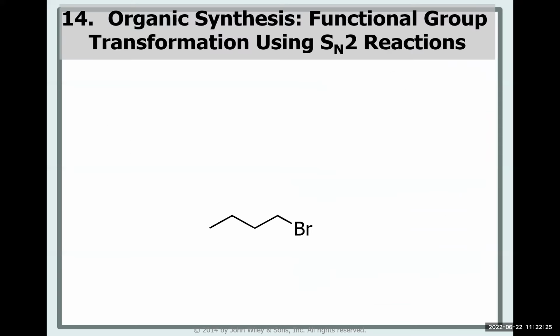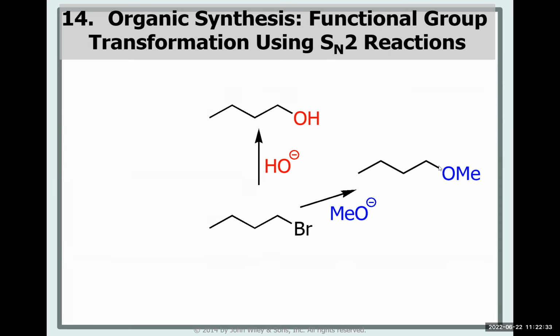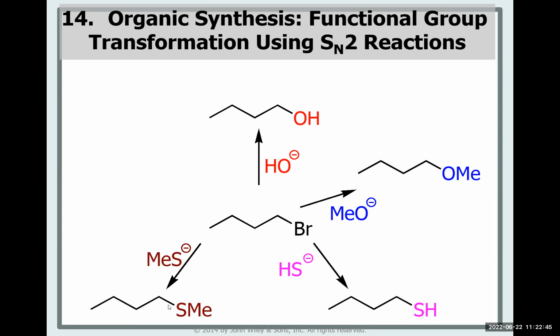So, okay. And now I just want to kind of show you some SN2 reactions. This bromine is swapped out for the alcohol. This bromine is swapped out for the methoxy, which is a deprotonated alcohol. This is swapped out for the sulfur group. Same thing here, and then cyanide.